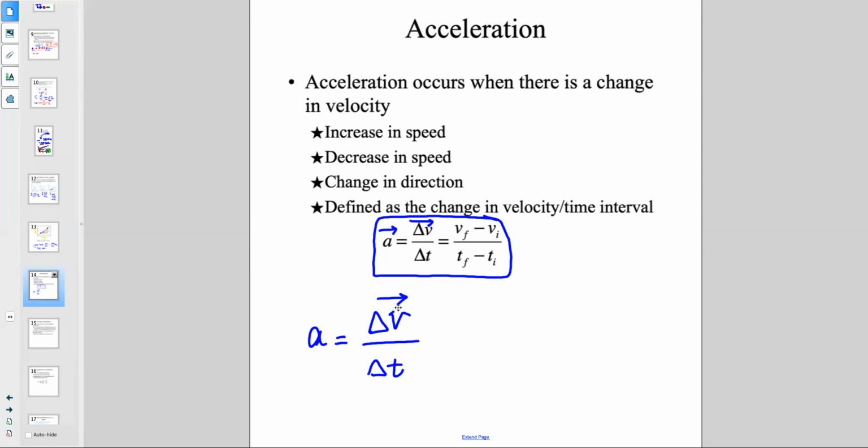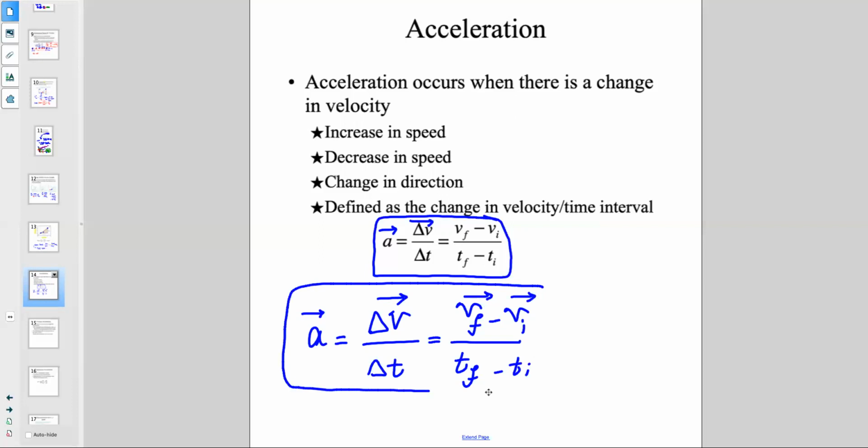It requires a magnitude and a direction. So delta v over delta t is acceleration, which is a, and delta v is v final minus v initial. Delta t is t final minus t initial. Okay, and that is our formula for acceleration.